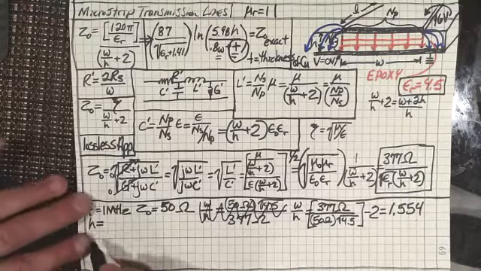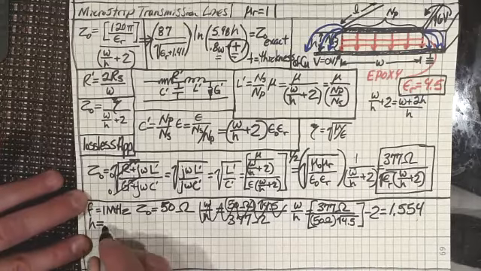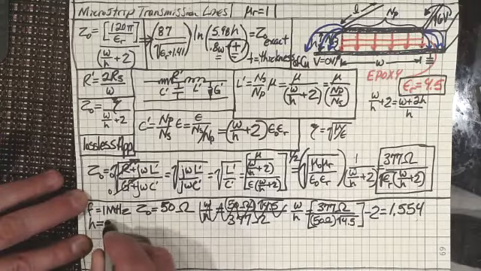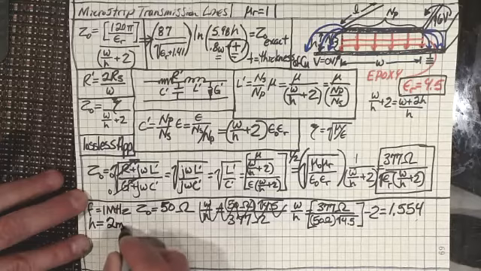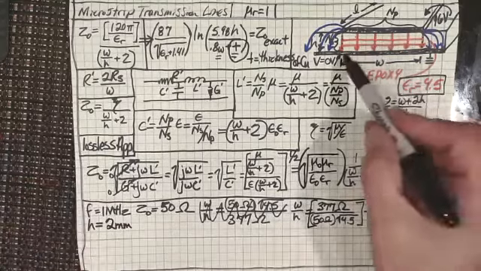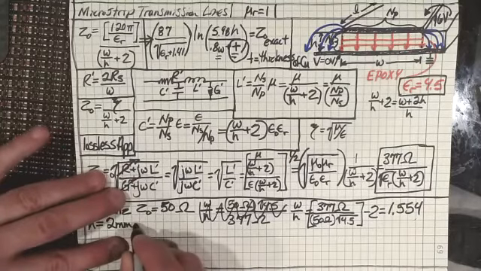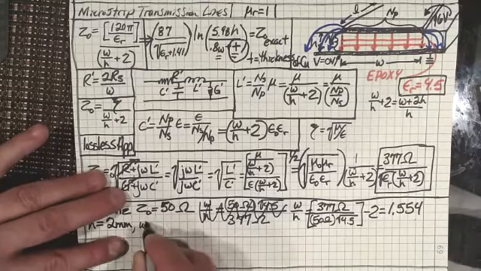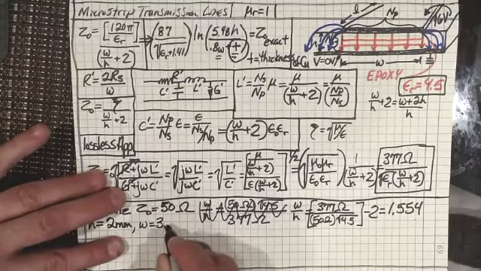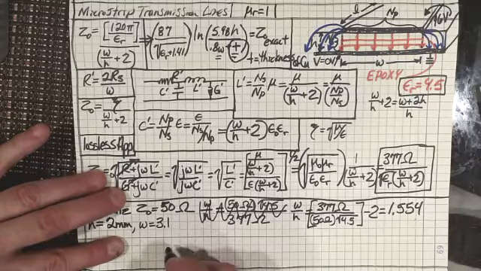So if I say that the height is going to be 2 millimeters, right? Because that's a standard thickness for a board, a printed circuit board. So the height's 2 millimeters. That would make the width of the line equal to 3.1 millimeters.